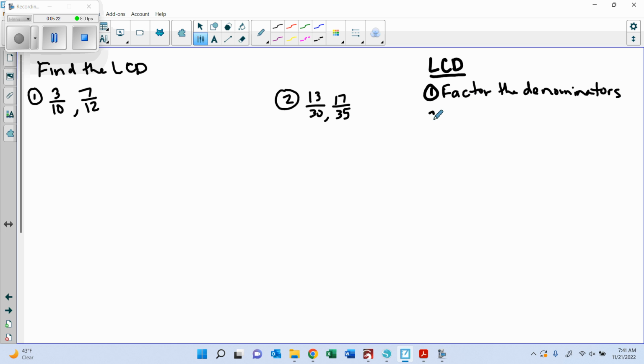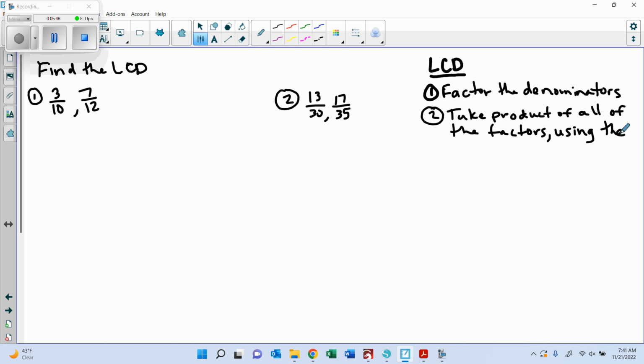And then our second step to find the least common denominator is we take the product of all of the factors. But then remember, sometimes we had repeated factors. Each number had a factor in common.